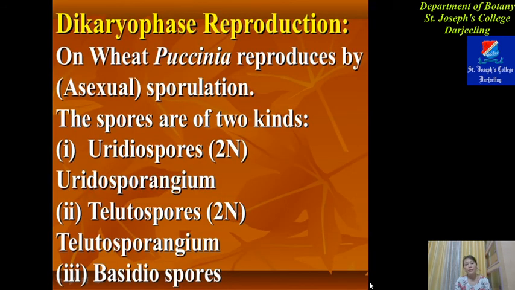If we come to the life cycle of the pathogen Puccinia graminis, it completes its life cycle in the two hosts, as we have said. In the primary host, it forms different types of spores.